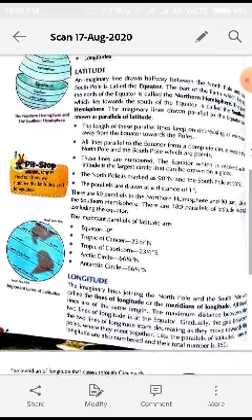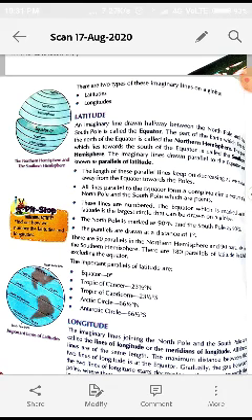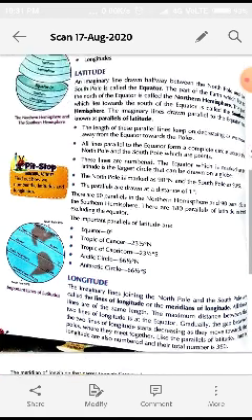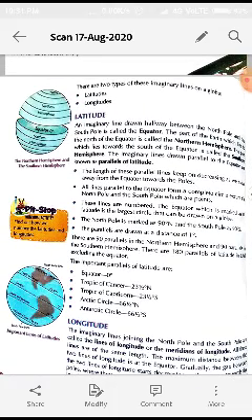The parallels are drawn at a distance of 1 degree, means each parallel of latitude has a gap of 1 degree. There are 90 parallels in the northern hemisphere and 90 parallels in the southern hemisphere.